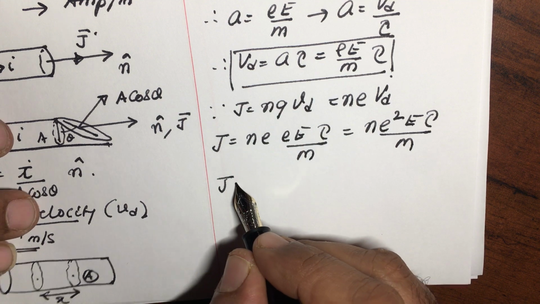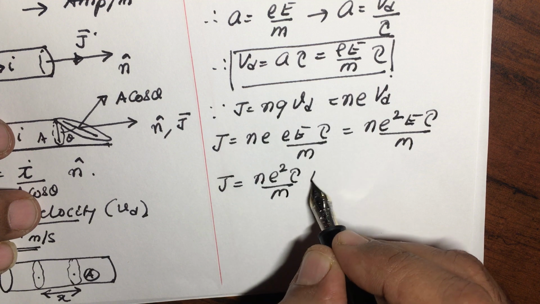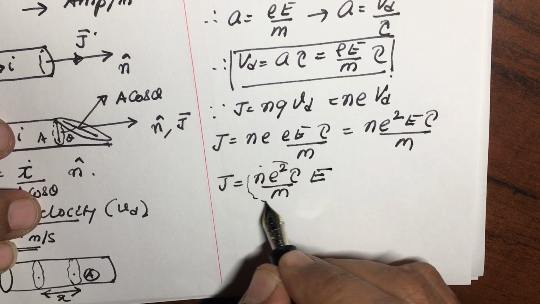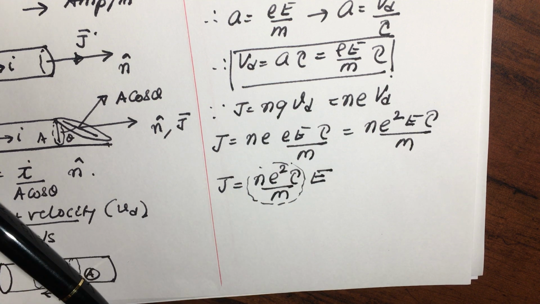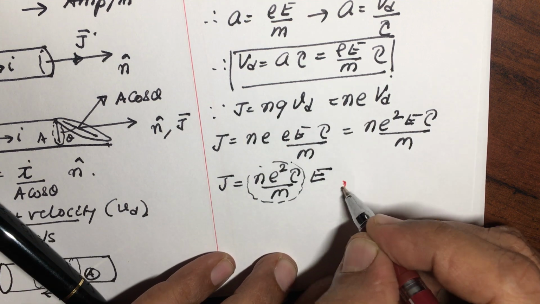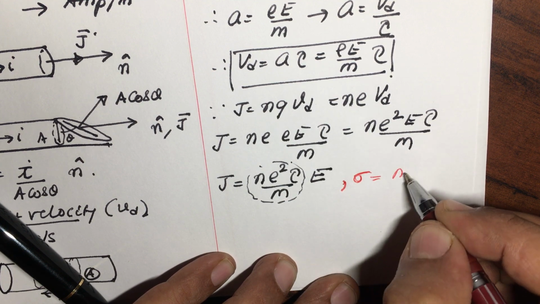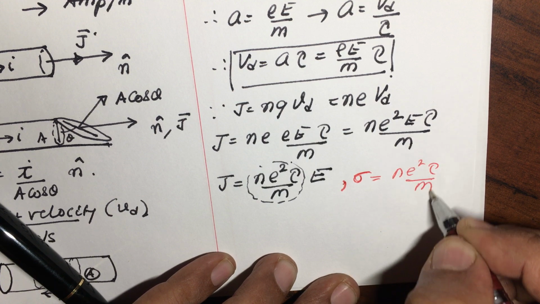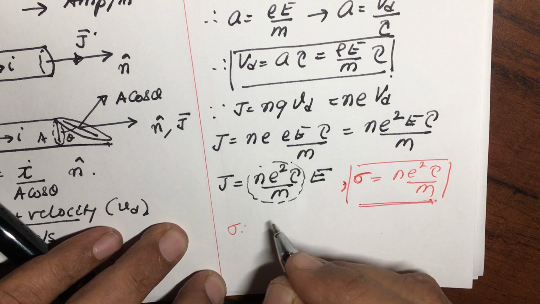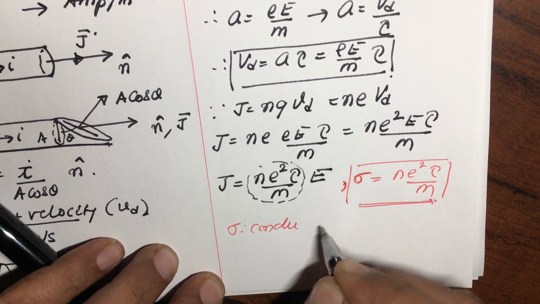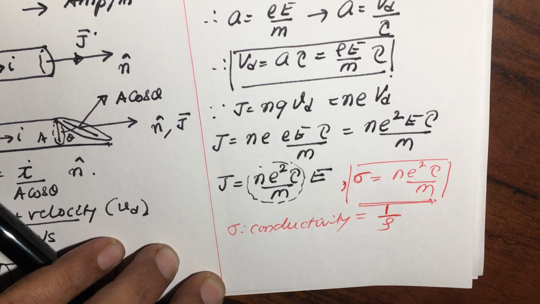So we'll write J equals NE squared tau by M capital E. Now this term is a constant, and that constant is written as sigma, and that sigma is NE squared tau by M, and this sigma is conductivity, which is equal to 1 upon resistivity.